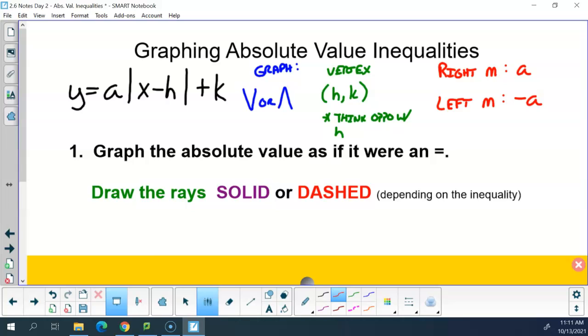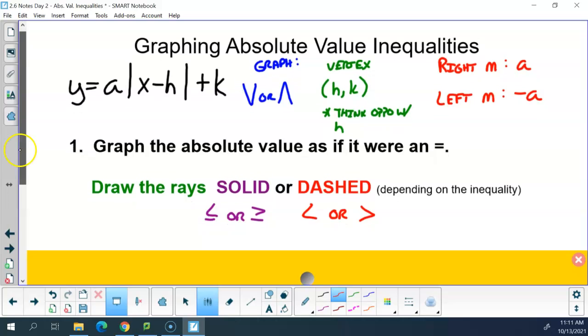The only difference is that we have to remember if it's a solid V or a dashed V, just like linears. Solid or dashed. And this again is where if you're a pen type of a person, you might want to switch to the pencil. So that's our first step.